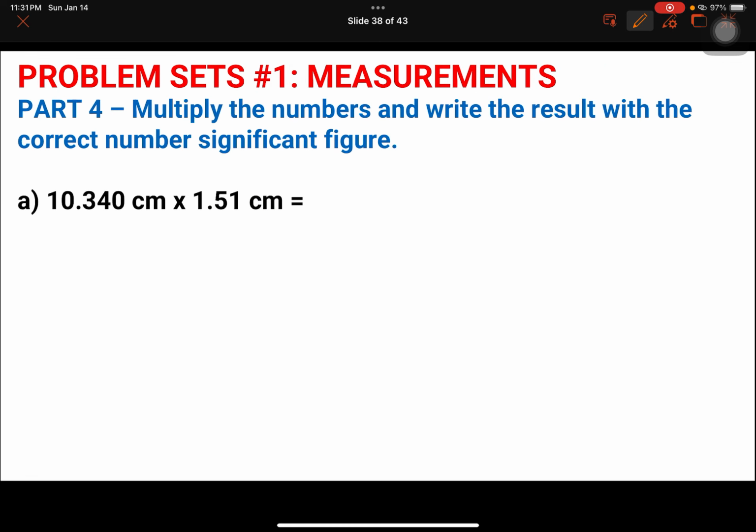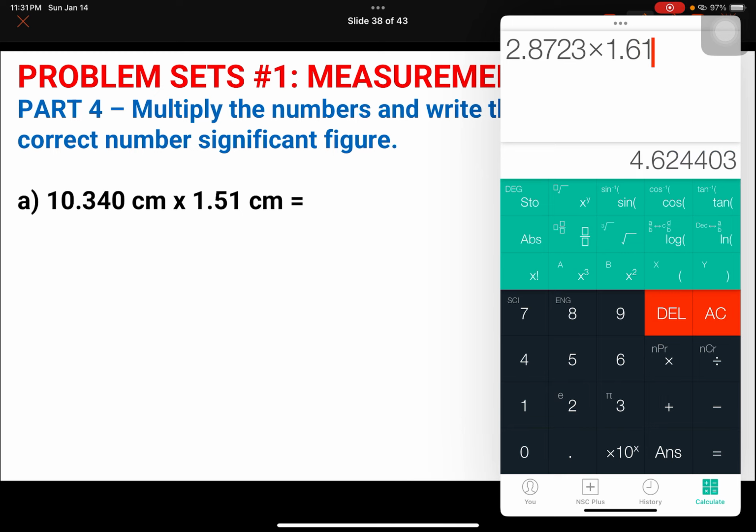For example, we have 10.340 times 1.51. So, using our calculator, 10.340 times 1.51. Our answer here is equals to 15.6134 centimeter.